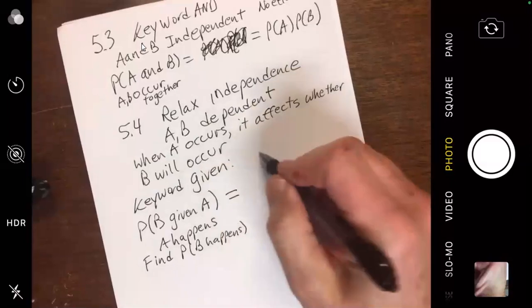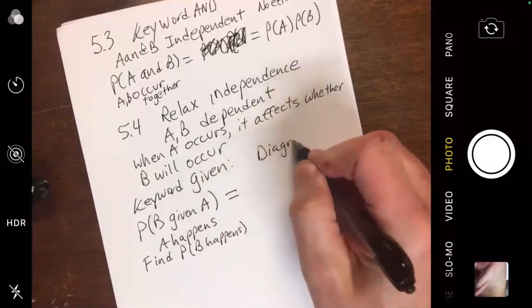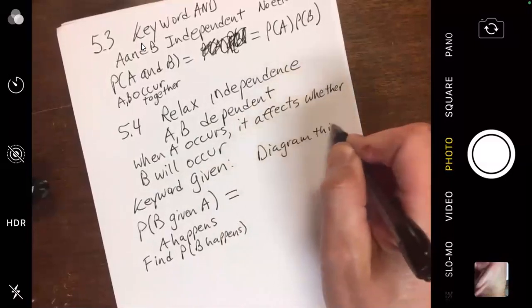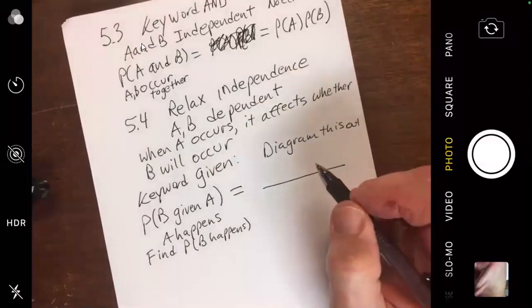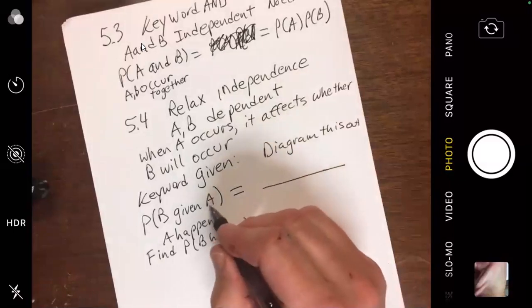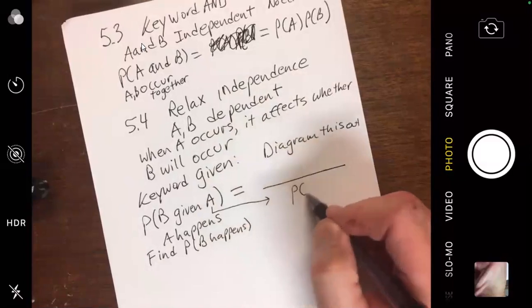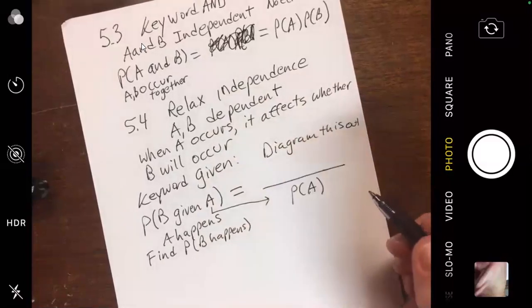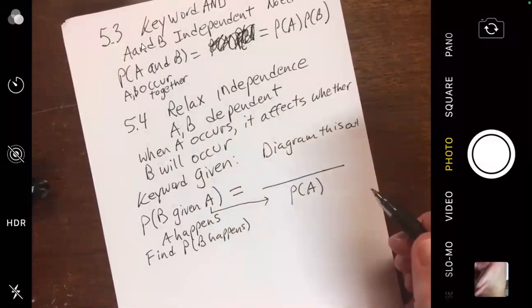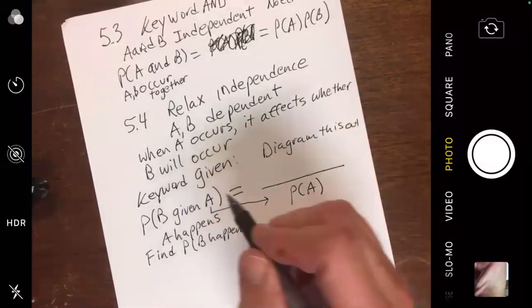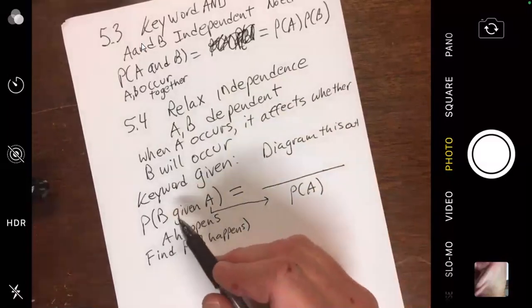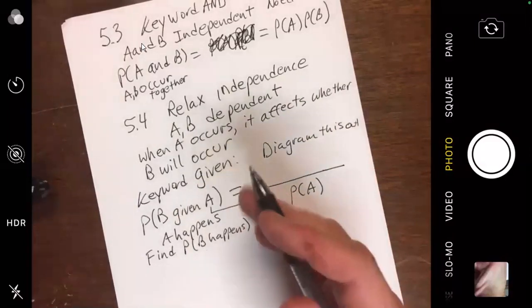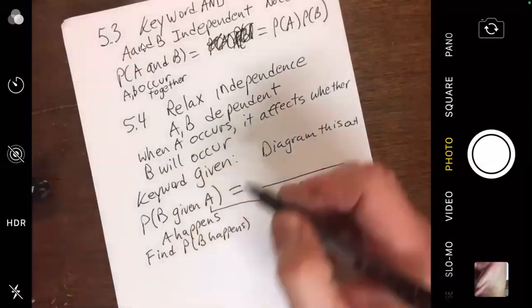What I do is I diagram this out. I draw a fraction bar. The word or letter after the word given occurs on the bottom, always. Then, since A is happening and you're trying to find the probability B is happening, that means they're occurring together.